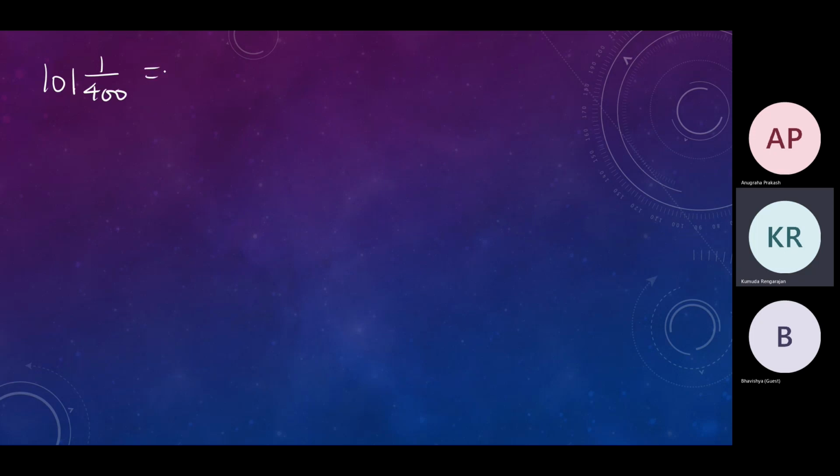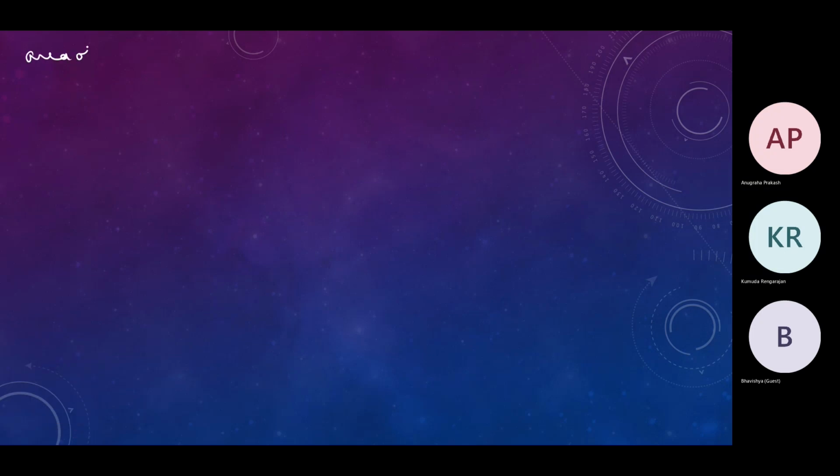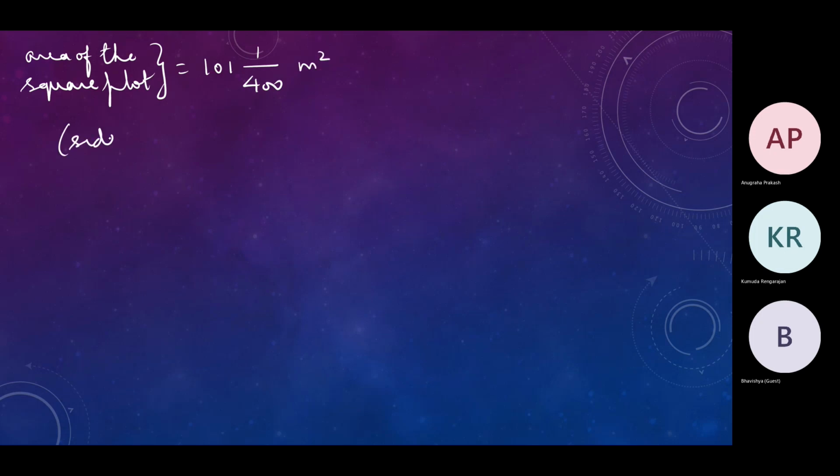Anugraha, what is the improper fraction for this mixed fraction? Ma'am, 1 minute. 40401 divided by 400.